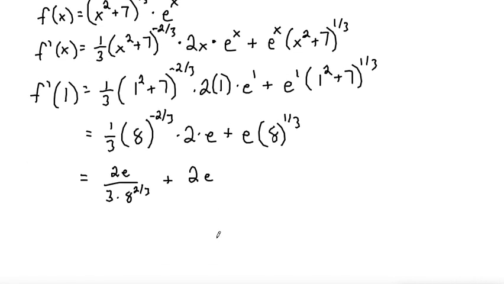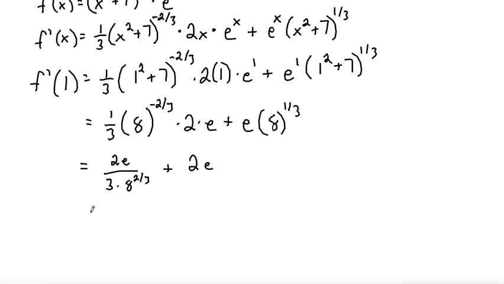And continuing to simplify, we have 2e on the top, the 3 on the bottom, and remember that the exponent denominator of 3 means it's a cube root. So this is the cube root of 8 squared.